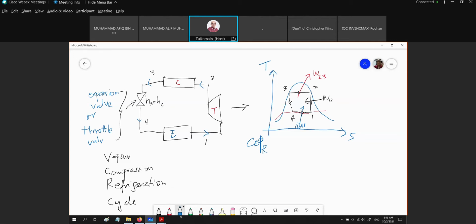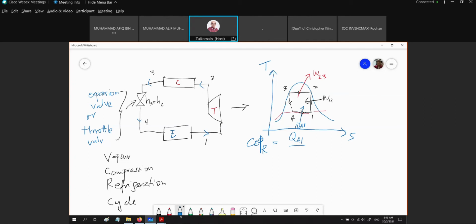This is not a reversible type of cycle because 3 to 4 we assume as a highly irreversible process. That's why we have H3 minus H4. This should be obtained through the definition of the COP_R, which is equal to Q41 divided by W net in.